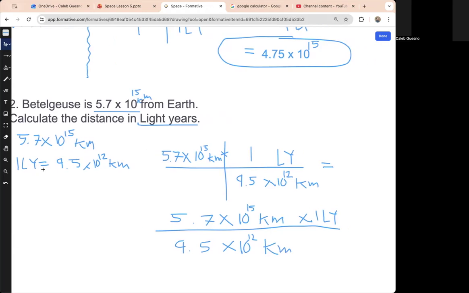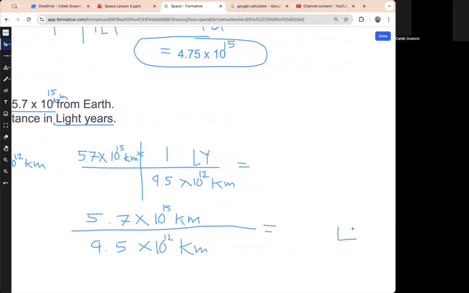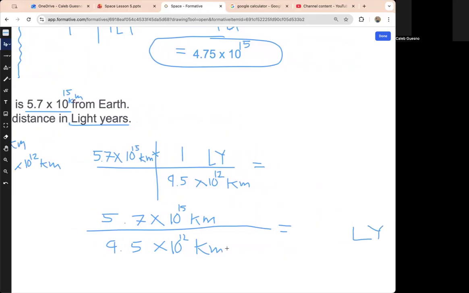We actually don't even need to write this. I'll just put this like this. Put light years over here as our final unit. But it came from here. These kilometers are going to cancel out.